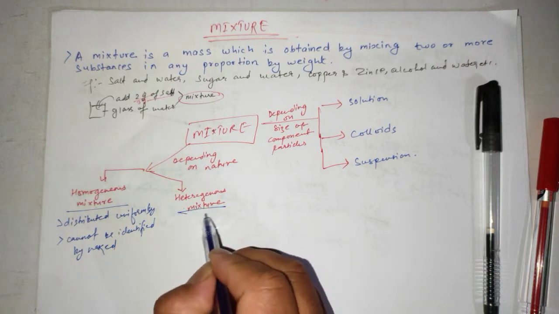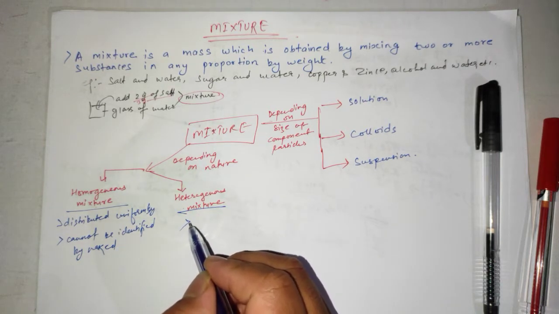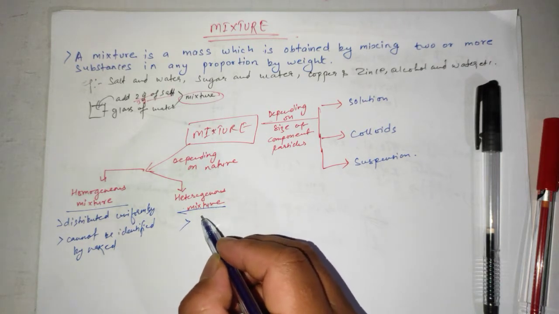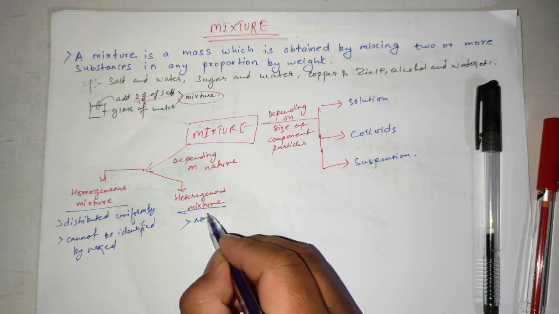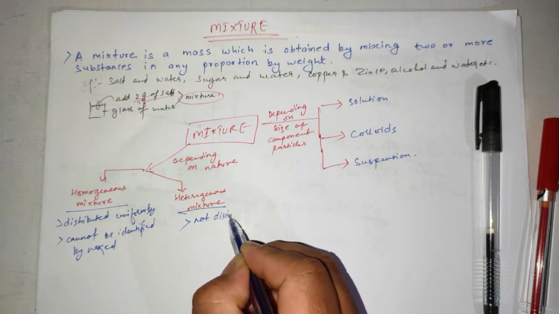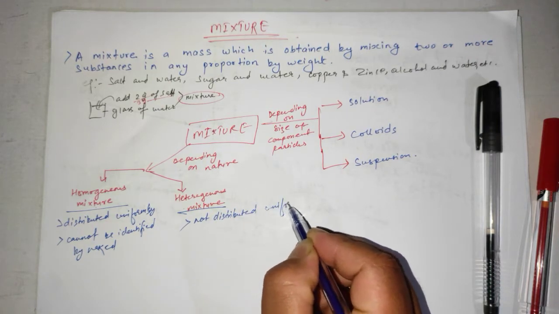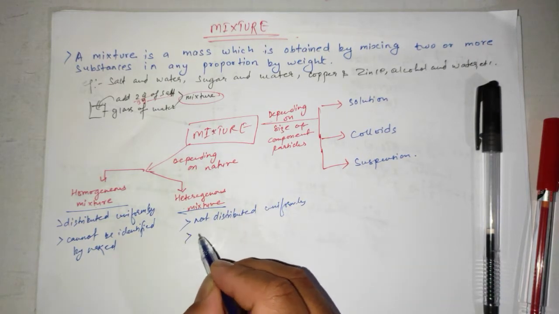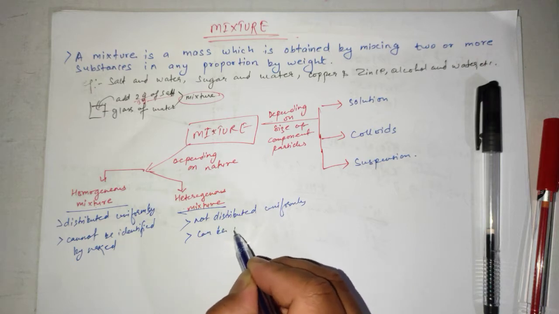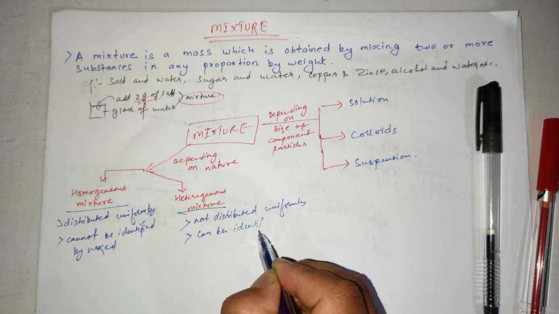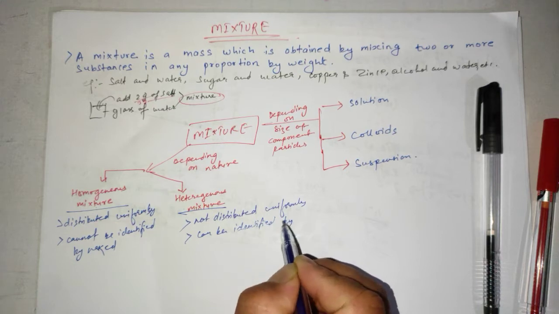Whereas a heterogeneous mixture is a type of mixture in which the components are not distributed uniformly, and they can be identified by naked eyes.